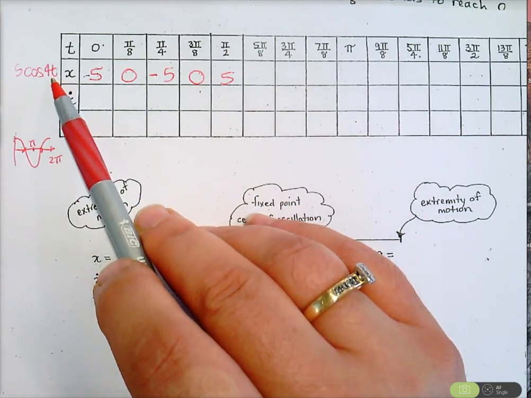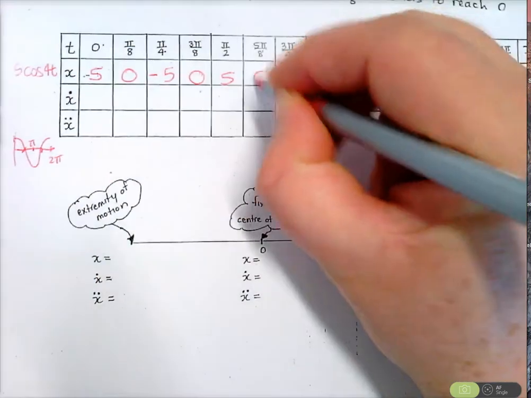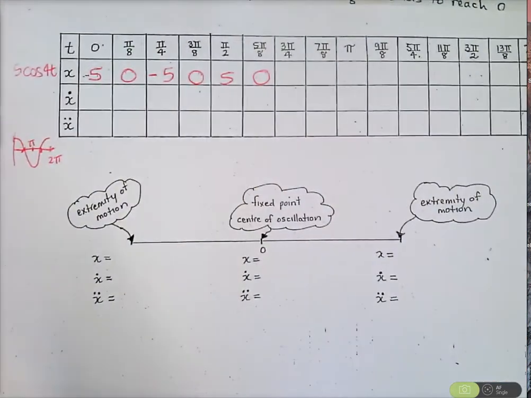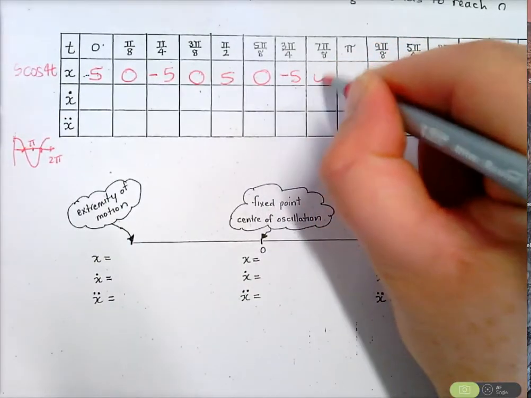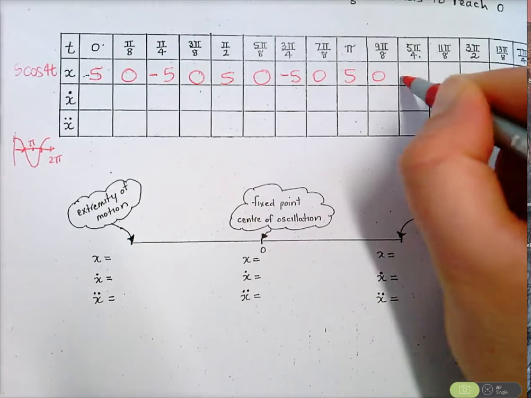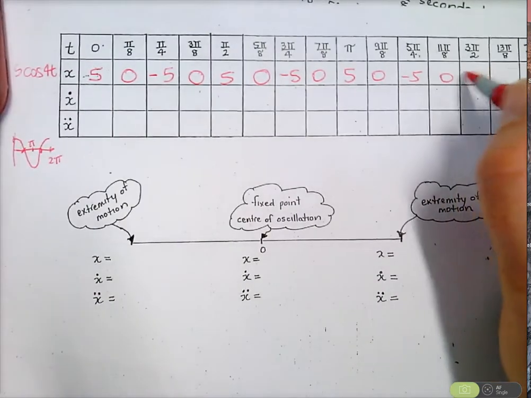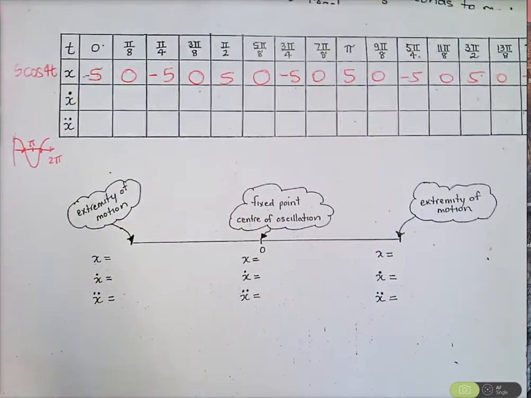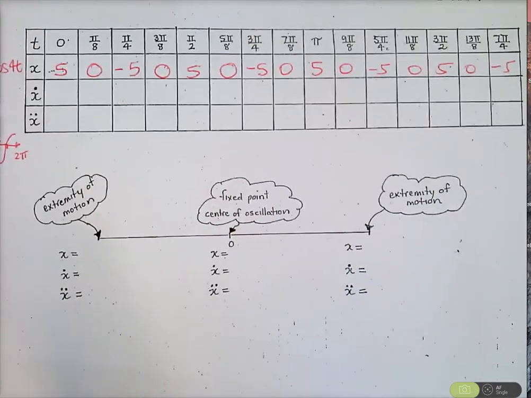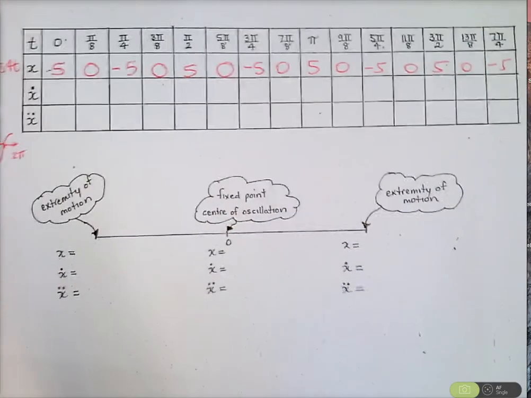Yep. So it just continues. Once we've got one cycle, it'll just continue. Then we should have negative 5, 0, 5, 0, negative 5, 0, 5, 0, negative 5.